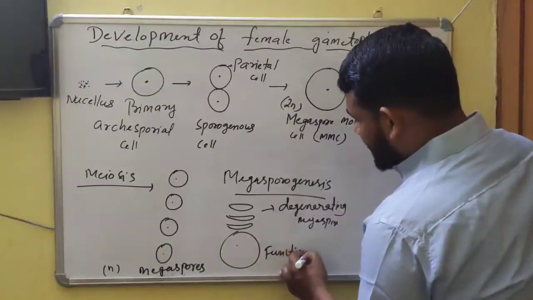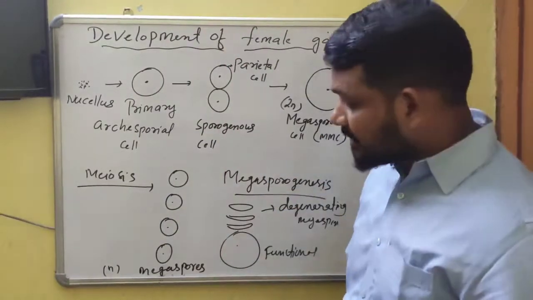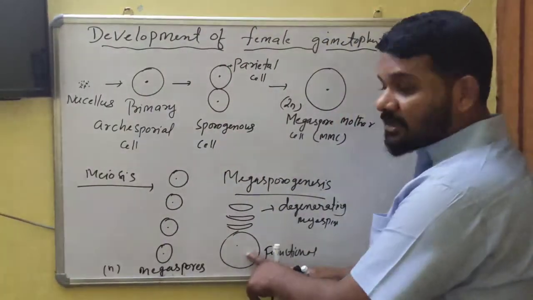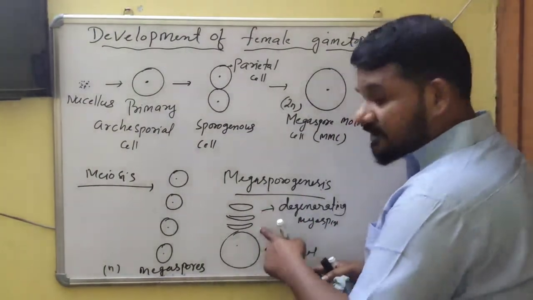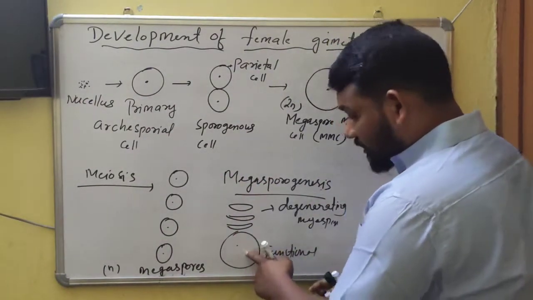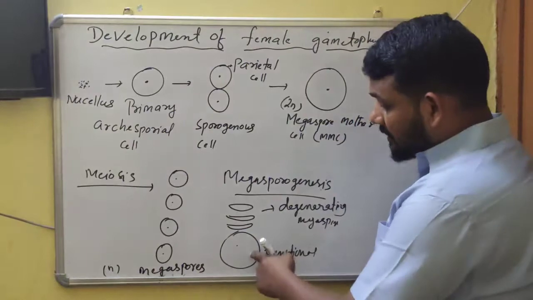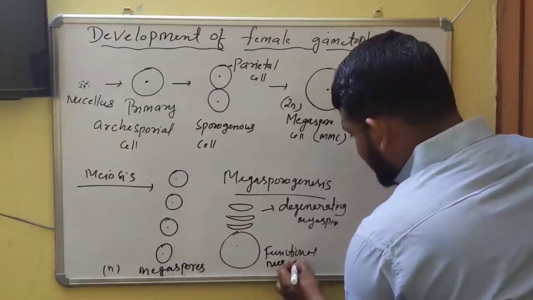The 3 megaspores which are towards micropyle become degenerated, and the megaspore which is towards chalaza becomes functional, and this functional one is also called functional megaspore.